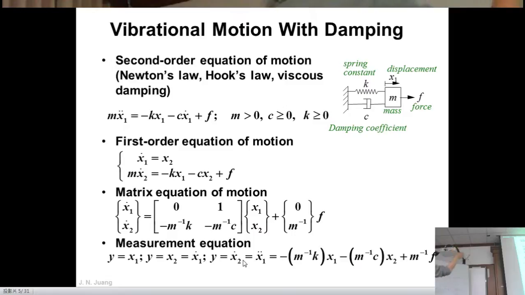But if you use an acceleration measurement, then you have the x1 term, the x2 term, and also the direct transmission term. So the measurement equation gives you the differences in different motions.